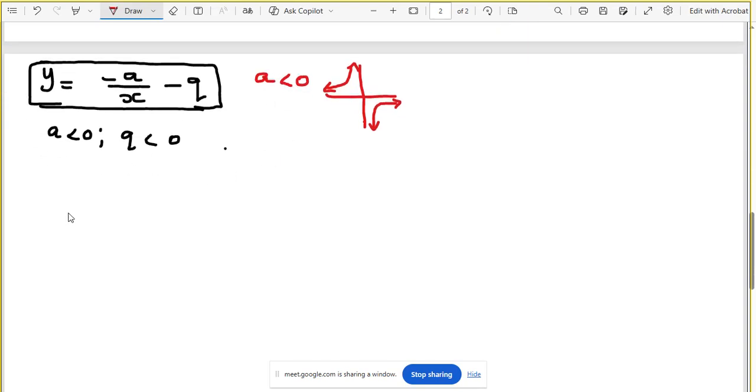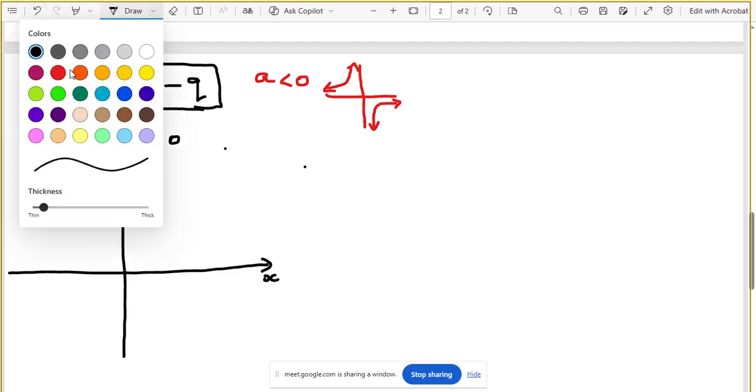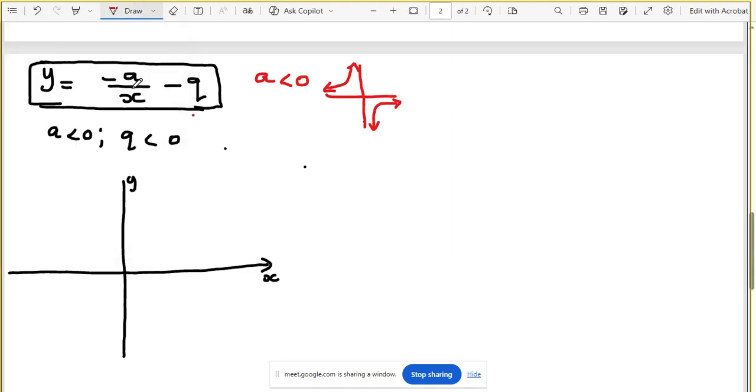So to write this down, this is how your graph will look like. Let me quickly write it down for you. This will be the graph. This is your x, this is your y. Look, the value of q is negative, and we said that if the value of q is negative, the asymptote will be below the x-axis.